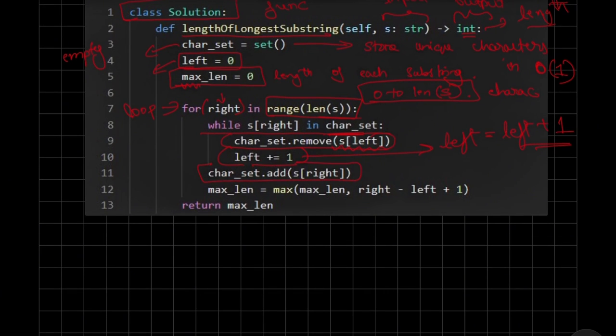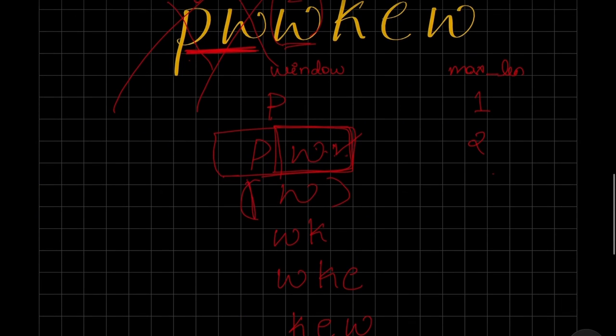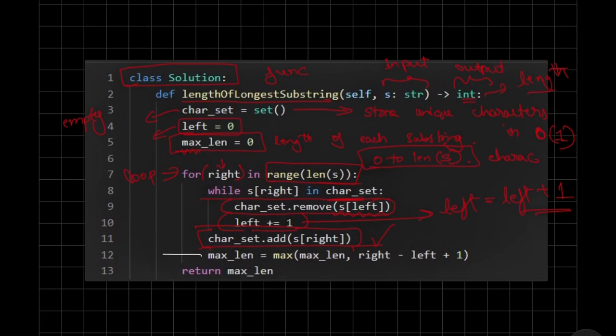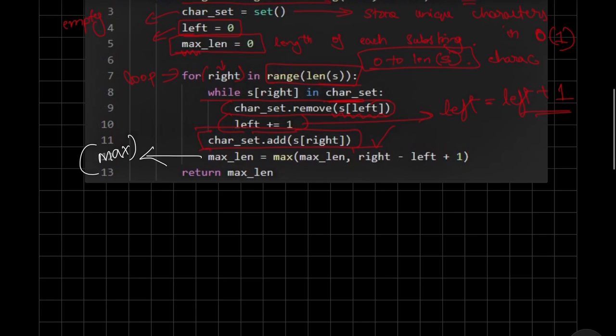And then we'll add the character, so this is added, see here. For max length, we only store the maximum of the substrings, and this is how you calculate the substring length.